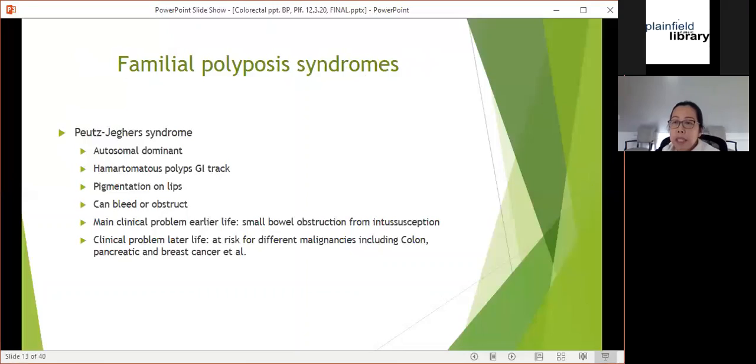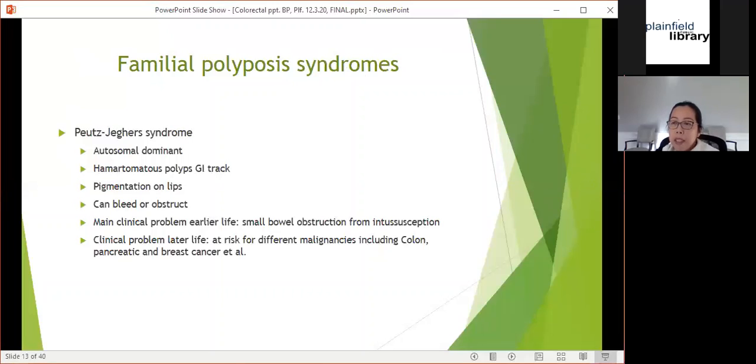Peutz-Jeghers syndrome is an autosomal dominant genetic disorder characterized by the development of benign hamartomatous polyps in the gastrointestinal tract and hyperpigmented macules on the lips and oral mucosa. This syndrome can be classed as one of various hereditary intestinal polyposis syndromes.